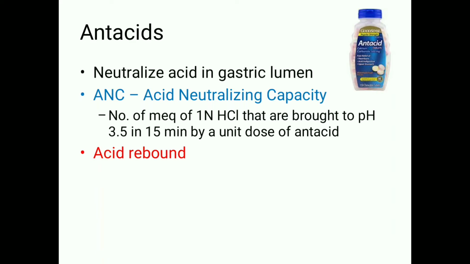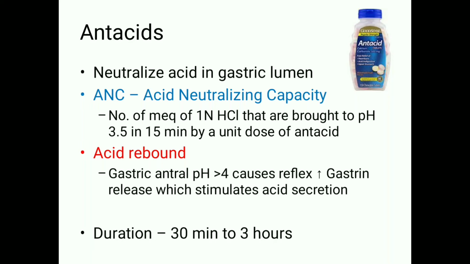So even if gastrin secretion is increased, that gastrin is not able to stimulate histamine-induced gastric acid secretion because histamine receptors have already been blocked. So H2 blockers and proton pump inhibitors do not cause acid rebound, but antacids do cause acid rebound.